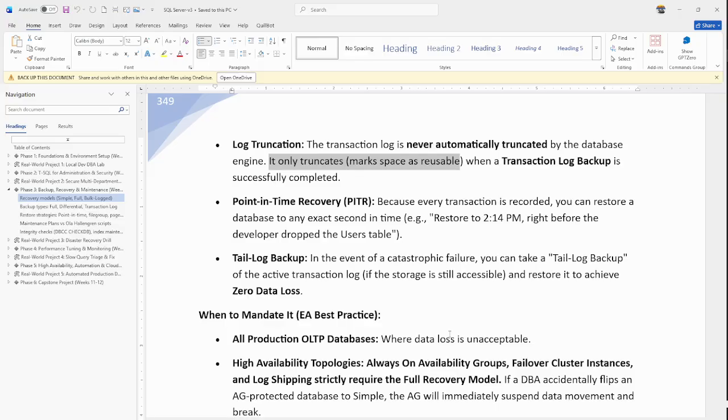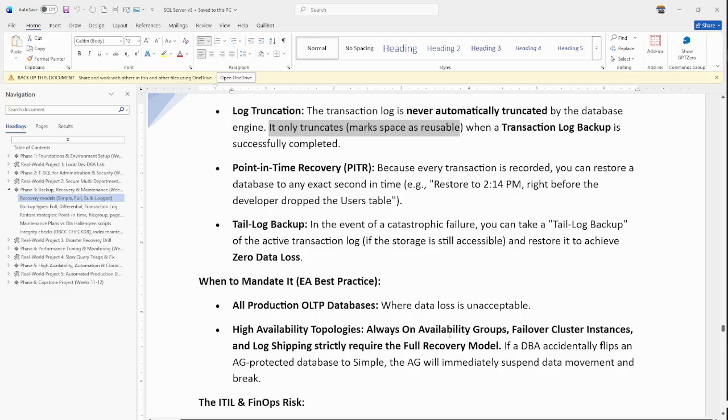There will be no data loss here. So this one will be practiced in a critical environment where data loss is unacceptable. In those scenarios only you will be using this, because of the high cost involved.